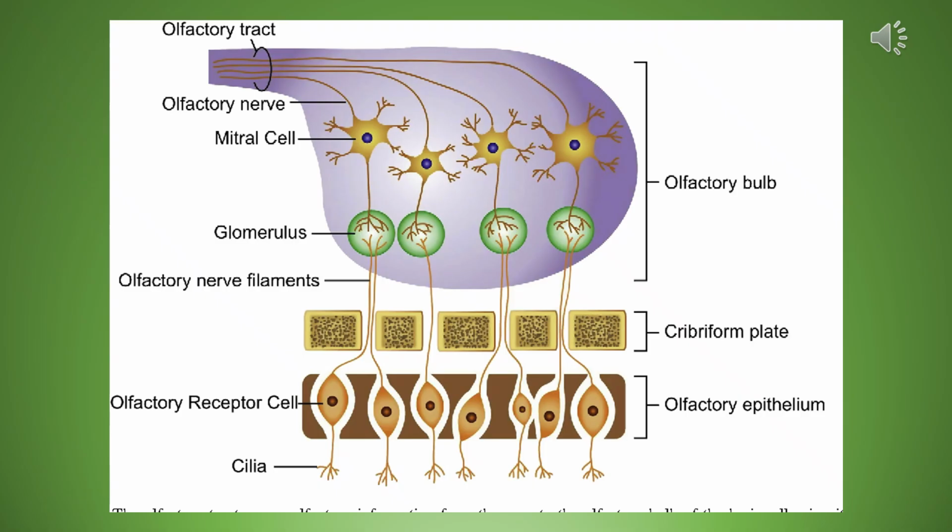From there, the axons of the mitral cell form the olfactory tract. The olfactory tracts will then go to the olfactory cortex, which is in the inferior gyrus of the temporal lobes.